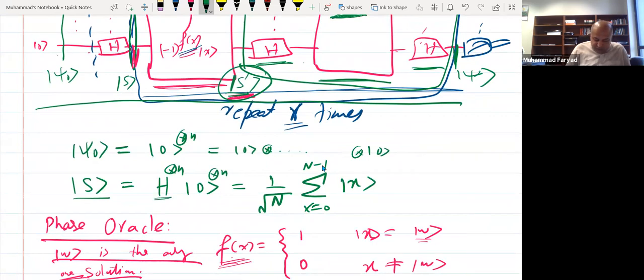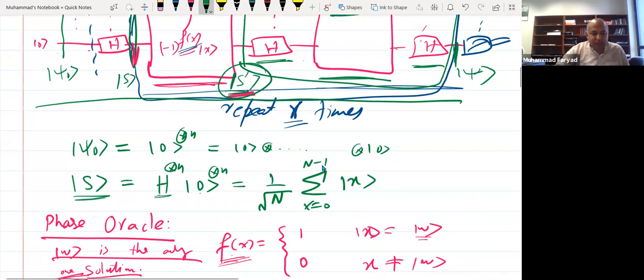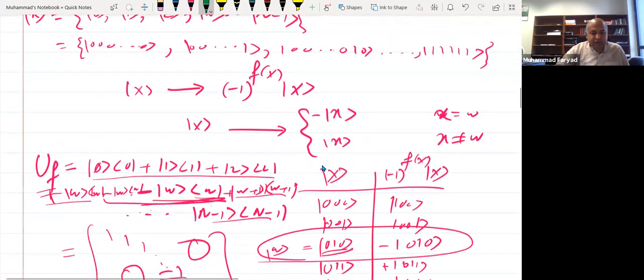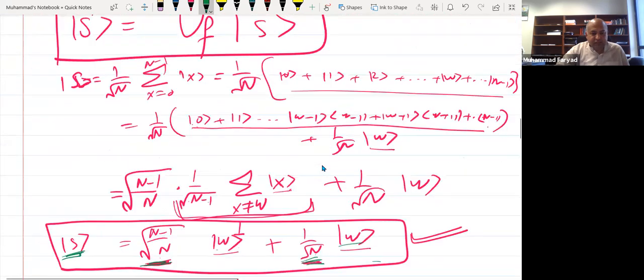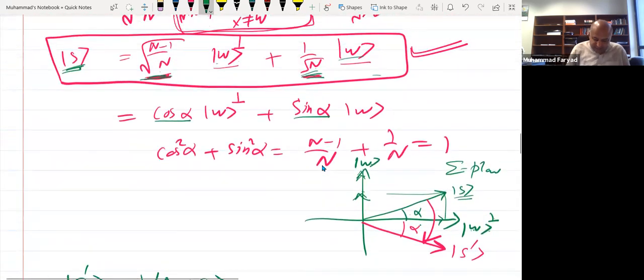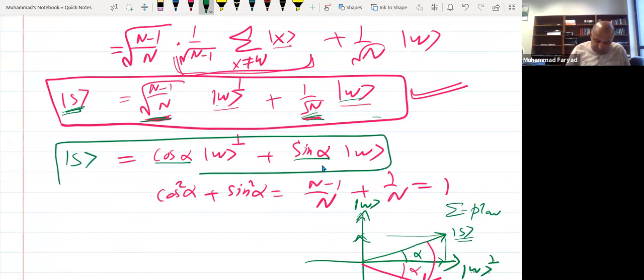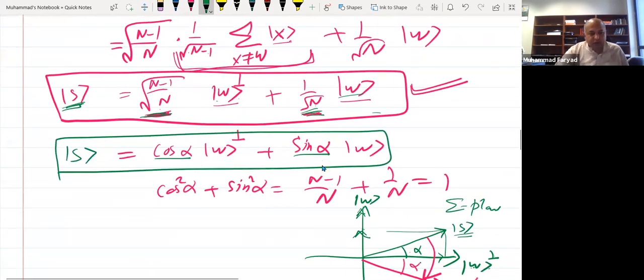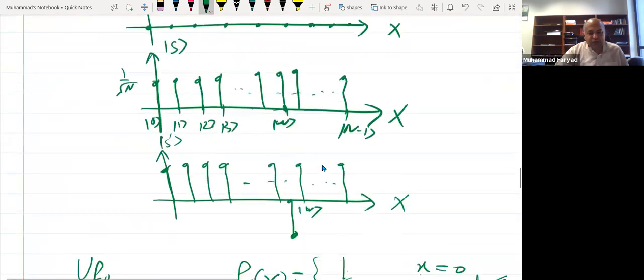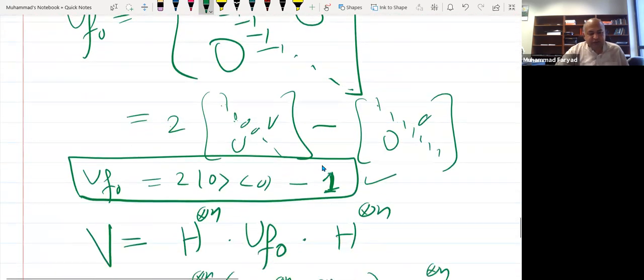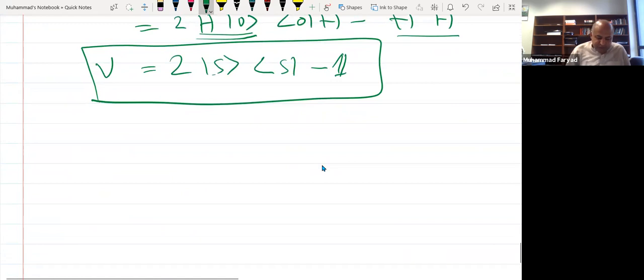So this Hadamard into 0 is nothing but the S state, which, by the way, we have written in terms of cos alpha and sin alpha like this. So this is again S state. All right, so now we have been able to express our 3 layers of the algorithm, H, UF naught, H, as this operator V.